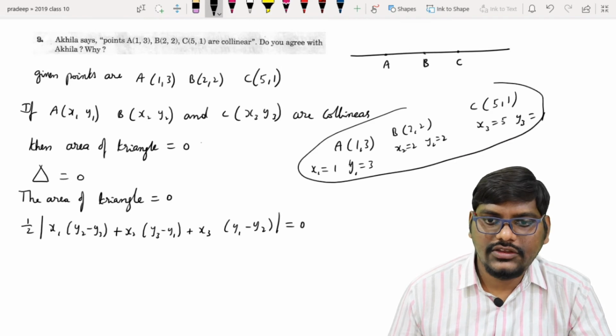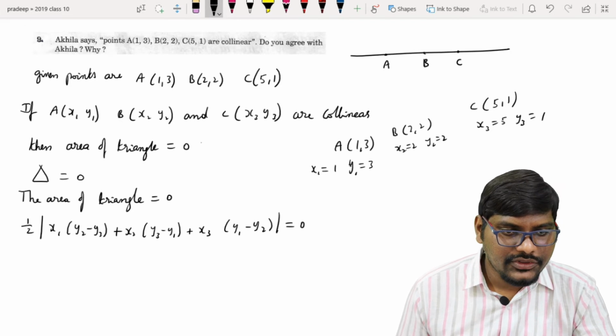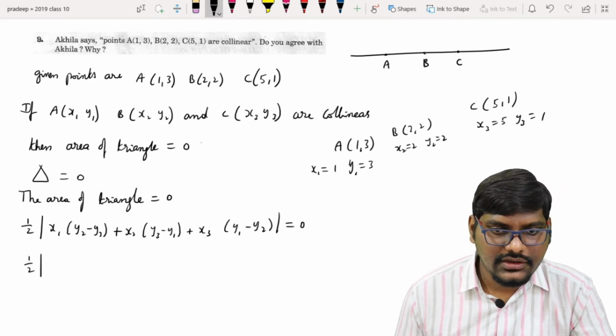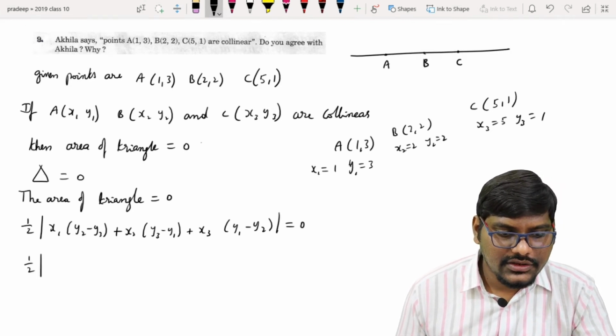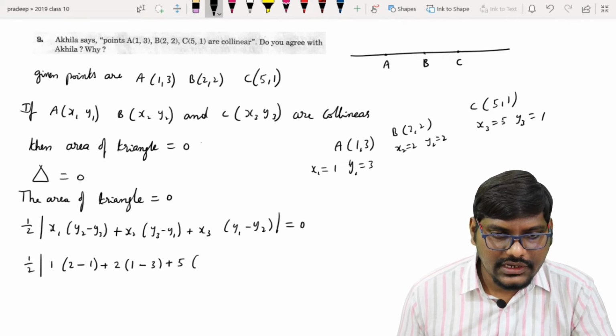So let's substitute these values in the formula, that is half into x1, which is 1, and y2 is 2, y3 is 1, and x2 is 2 and y3 is 1, y1 is 3, and x3 is 5, y1 is 3 and y2 is 2.